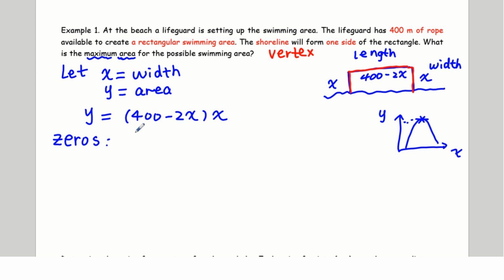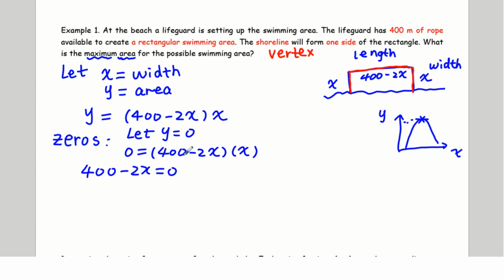The zeros are where y equals 0. Then we have 0 equals 400 minus 2x, then times x. Two factors equal 0, so each factor can equal 0. 400 minus 2x could be 0, then 0 times x gives you 0, or the other factor x equals 0, and 0 times anything gives you 0.